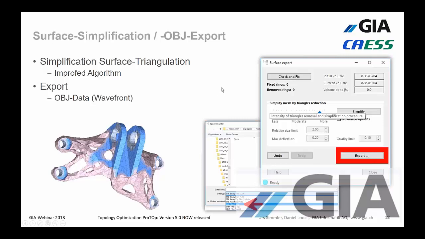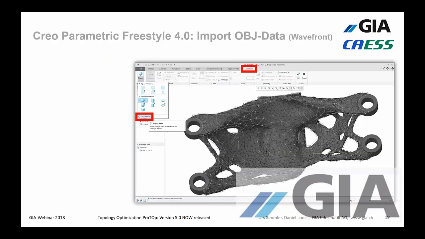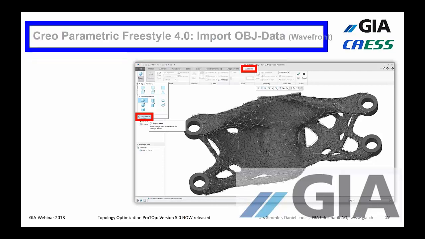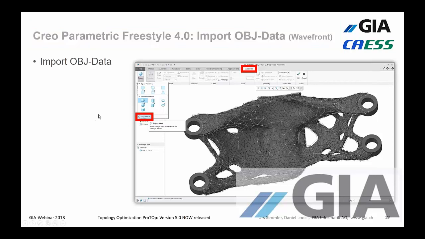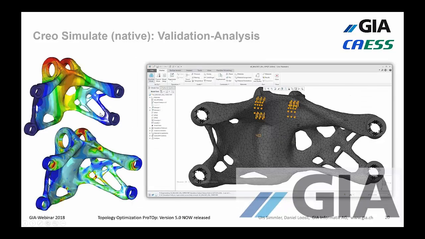So that's very important, and when you're thinking about Creo Parametric, in Creo Parametric 4.0 we have this free option to import this OBJ data. That gives me the capability in Creo Parametric to import this OBJ data and to do some validation calculation with that capability. I'll show that also later on, or right now in the live demonstration.